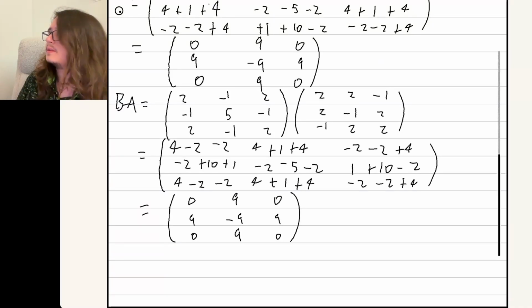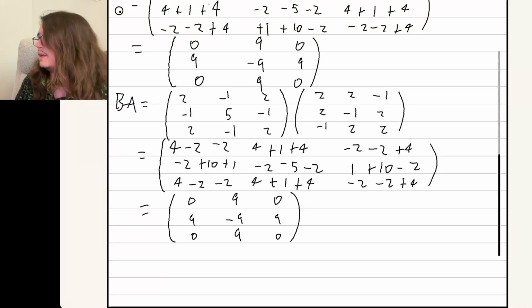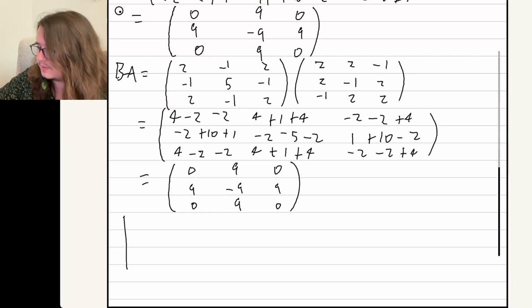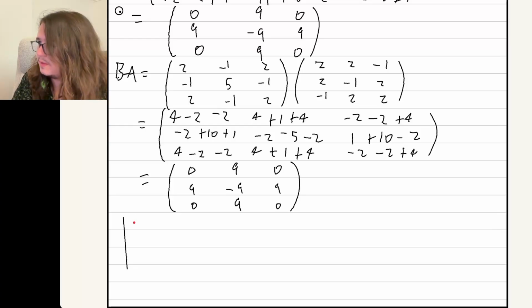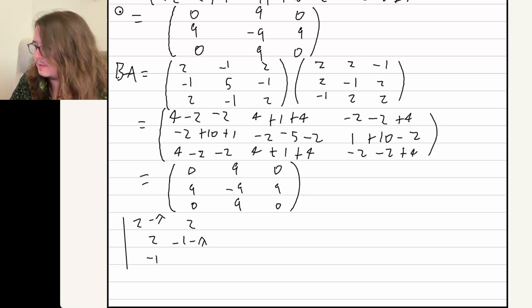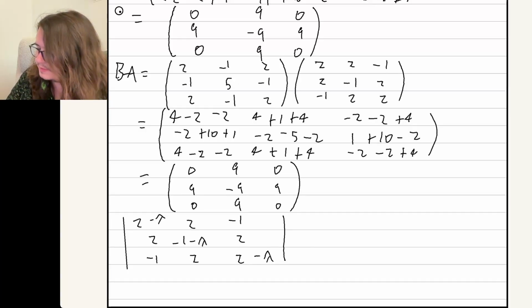Now we have to actually diagonalize A. So setting up the characteristic equation, we're doing the determinant of 2 minus lambda, 2 minus 1, 2 minus 1 minus lambda, 2 minus 1, 2, 2, and, actually, I forgot there's also a minus lambda on the bottom right there, and setting the determinant equal to 0.